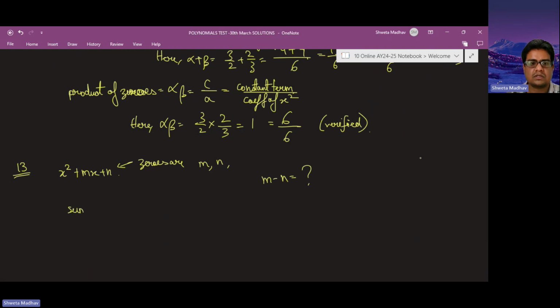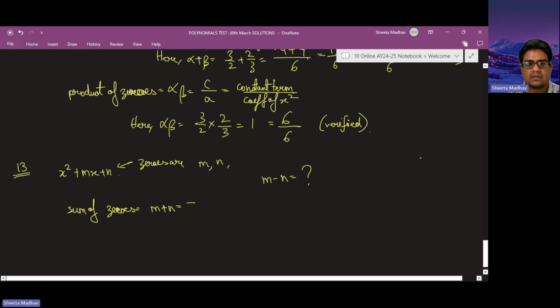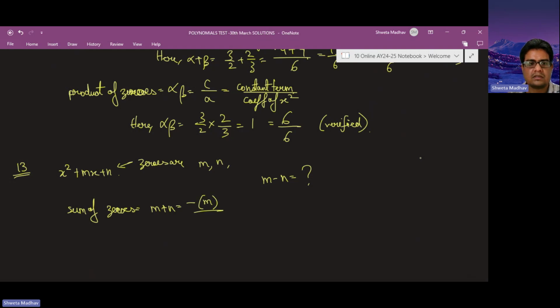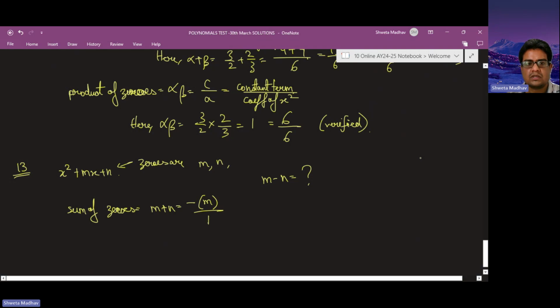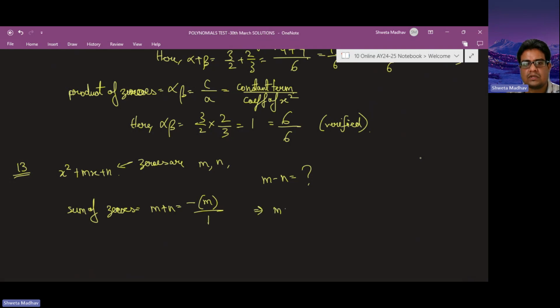So as we know, sum of the zeros, that is given as m plus n, is equal to minus b by a, means minus of the coefficient of x, which is m, by a. Here the coefficient of x square is 1. So one of the equations is m plus n equal to minus m, which is equation 1.